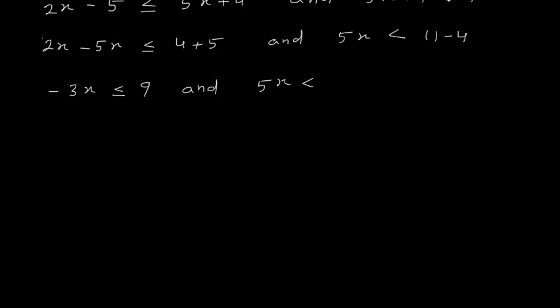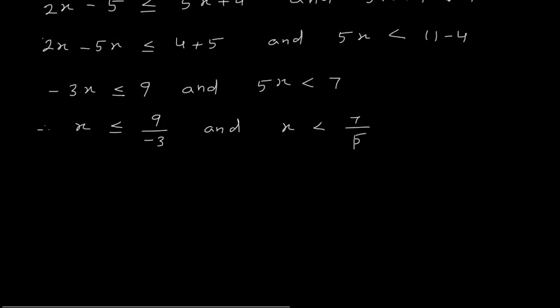Therefore x is less than or equal to 9 upon minus 3, and x is less than 7 upon 5. Every time I am making a mistake today, so it means that while solving the problem, my mind is somewhere else also.